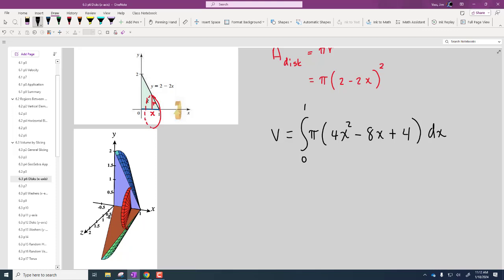And we can factor out the 4, or we can just leave the 4 in and integrate, doesn't matter. It will all come out in the wash. So this will be 4x cubed over 3 minus 4x squared plus 4x. And that will go from 0 to 1.